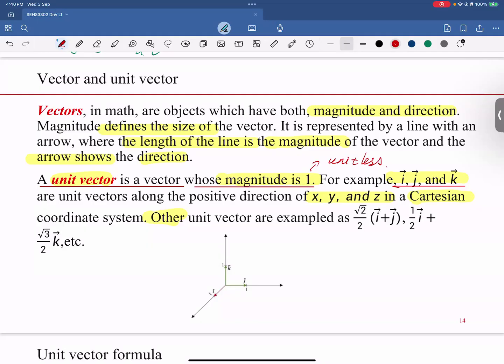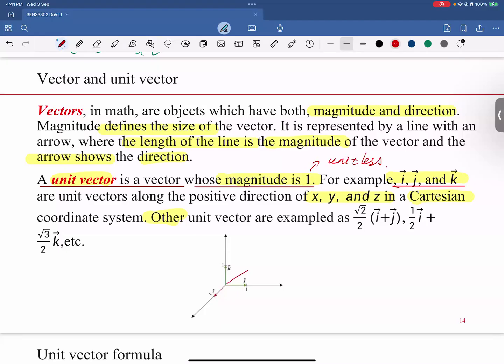So I, J, K are all unit vectors, and there are 3 special unit vectors because I and J and K are for specific directions, X and Y and Z direction, right? But in 3D space, not just X, Y, Z, right? The one between X and Y, how to find the unit vector? Is there a unit vector? So for example, I, J, K here, right?